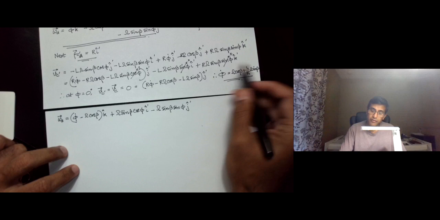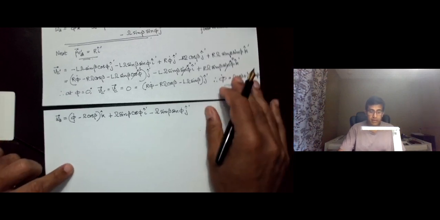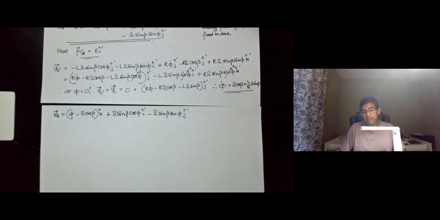Now we have the expression for phi dot. This expression for phi dot, however, is true at the situation where phi is equal to 0, and at that point the velocity of c is equal to, well, let me just check one thing.